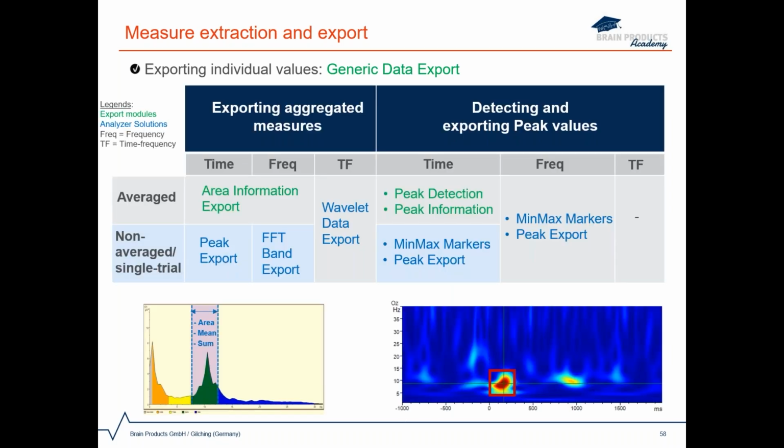For other types of exports, you may refer to the table below, where I have listed down the relevant options based on whether the output is an average or single trial, and whether it is in time, frequency, or time frequency domain.